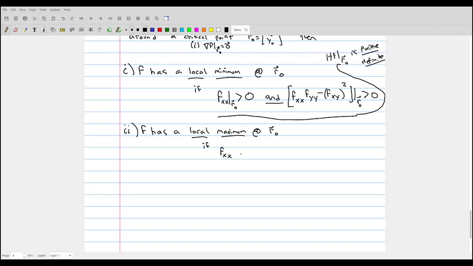If fxx at the point r0 is less than 0, is negative, and this expression fxx fyy minus fxy squared at the point r0 is greater than 0.